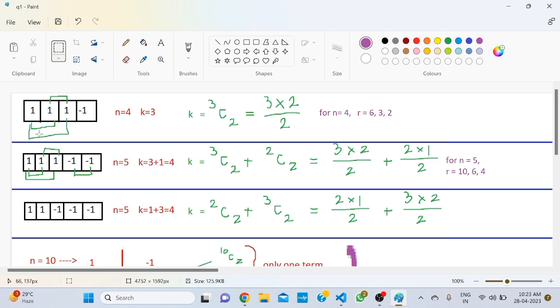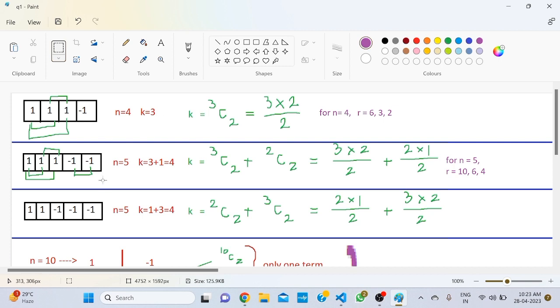Suppose we take first one and third one, these two products is 1. And suppose we take second one and third one, then also these two products is 1. But if we take one minus 1 and another one, then product is minus 1. So it is simple that there are total 3 pairs which are satisfying ai times aj equal to 1. So our k is 3.